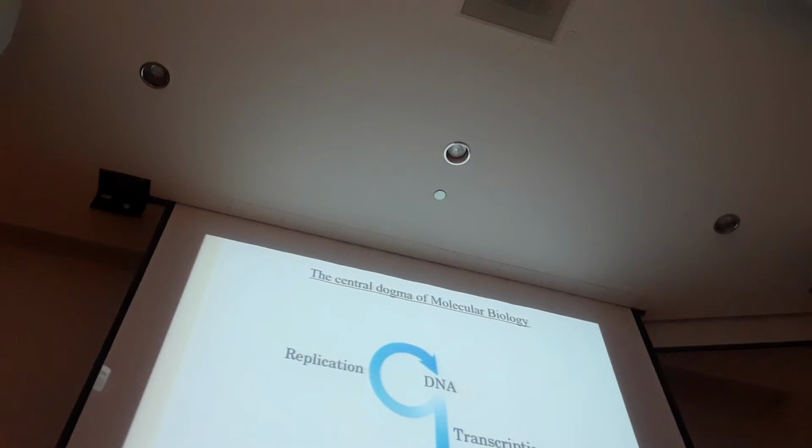So this slide here shows something that has been known and is known as the central dogma of molecular biology, which was first formulated by Francis Crick, one of the discoverers of the Watson-Crick double helical structure of DNA in the 1950s.